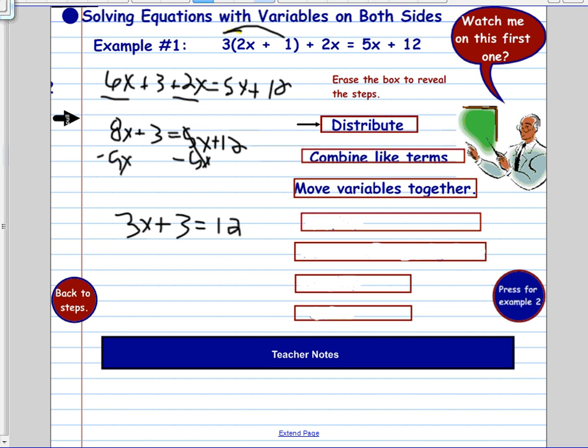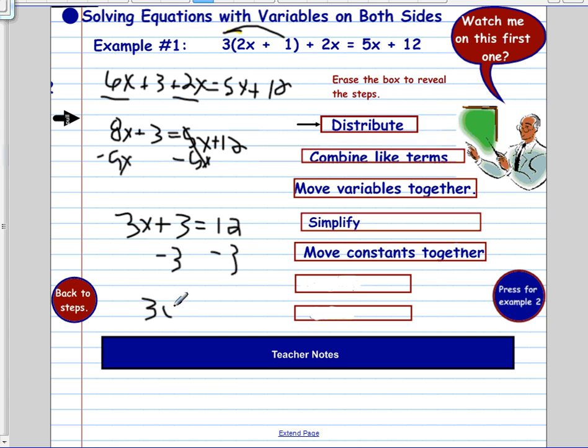Now, because the variables are on this side of the equation, I'm going to want to move the numbers to this side of the equation. So then I'm going to subtract 3, because I want to get rid of that 3. I want 3x to be all by itself.